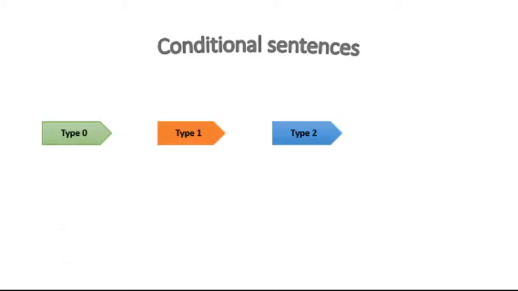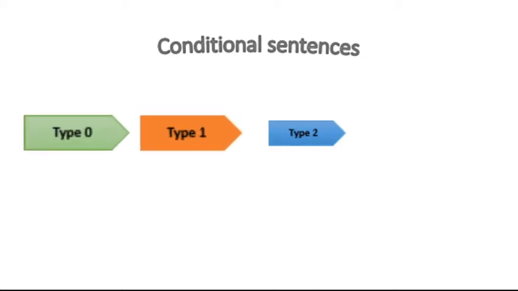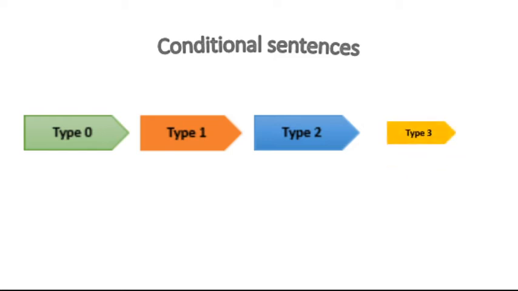Okay, so we have conditional type 0, conditional type 1, and conditional type 2. Is that all? Of course not. We still have one more type of conditional sentences, which is conditional type 3. So here we have 4 types of conditional sentences: the zero conditional, the first conditional, the second conditional, and the third conditional.